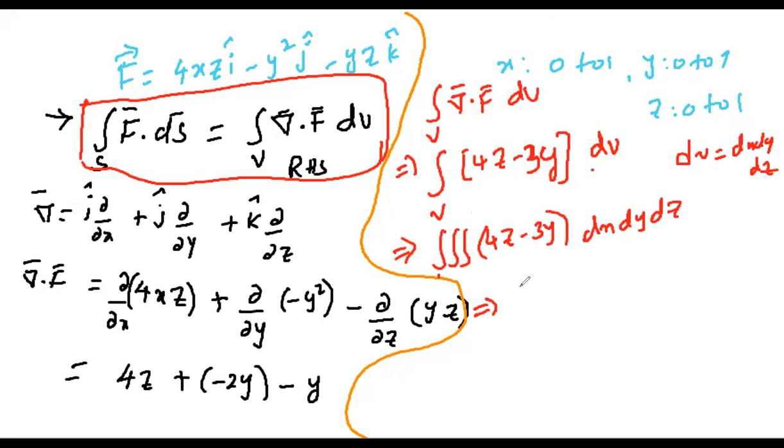First I keep x and y aside, and then I go for the bracket: 4z minus 3y. I'm doing the integral with respect to z, dz.